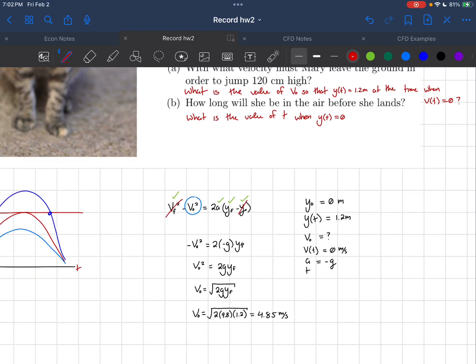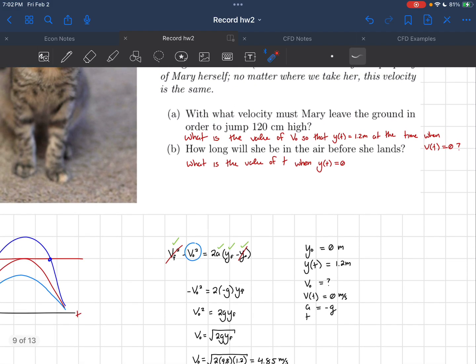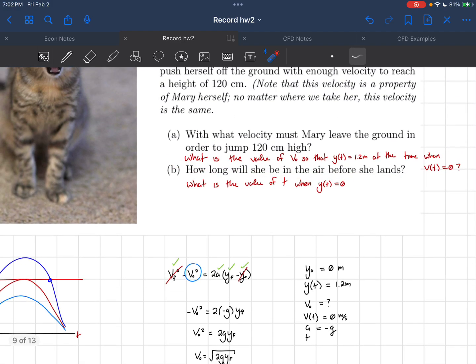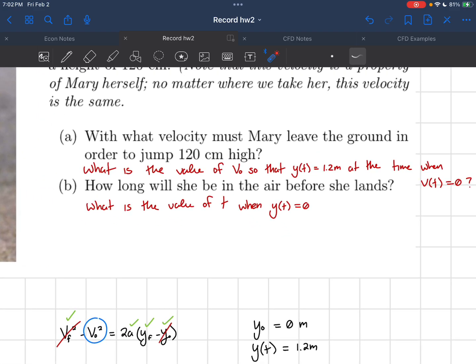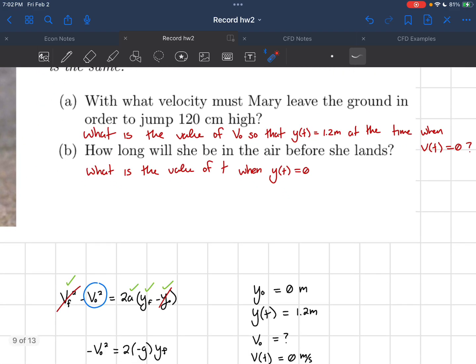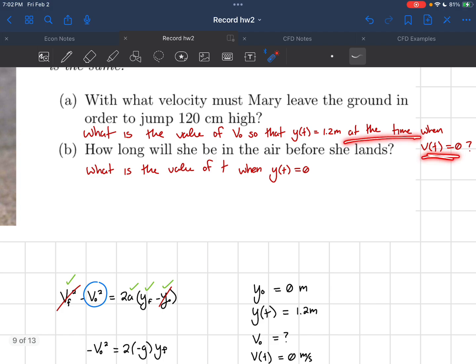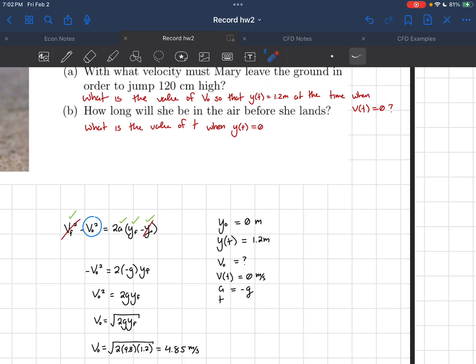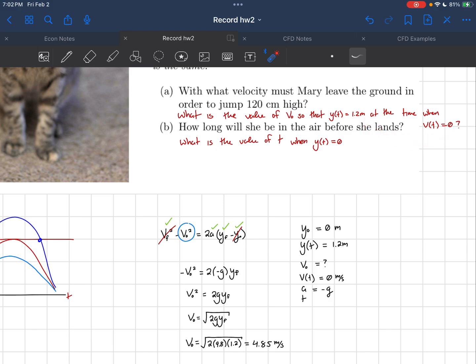For the last part of my problem, what I could have done is solve for the time when my velocity equals 0, and then plug that back in. That time would have been dependent on v naught, because it would have given me an expression in terms of v naught that I could then plug in.